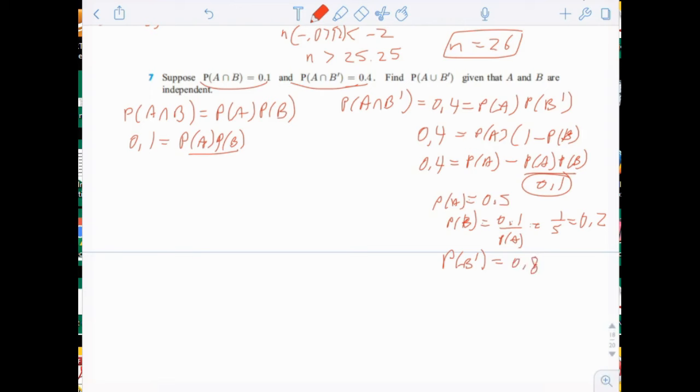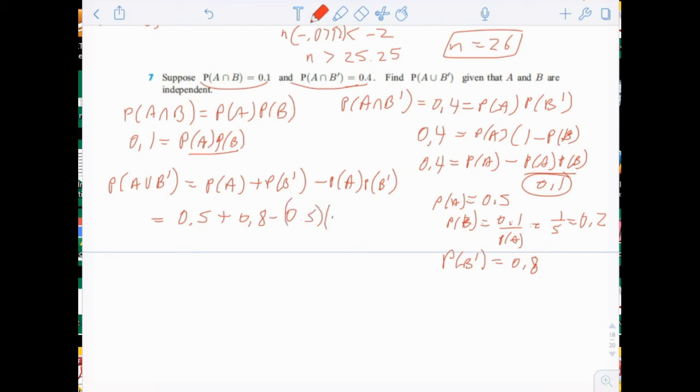Now we really have everything we need to figure out the probability of A union B prime. The probability of A union B prime is equal to the probability of A plus the probability of B prime minus the probability of A times B prime. So P(A) is 0.5, P(B prime) is 0.8.